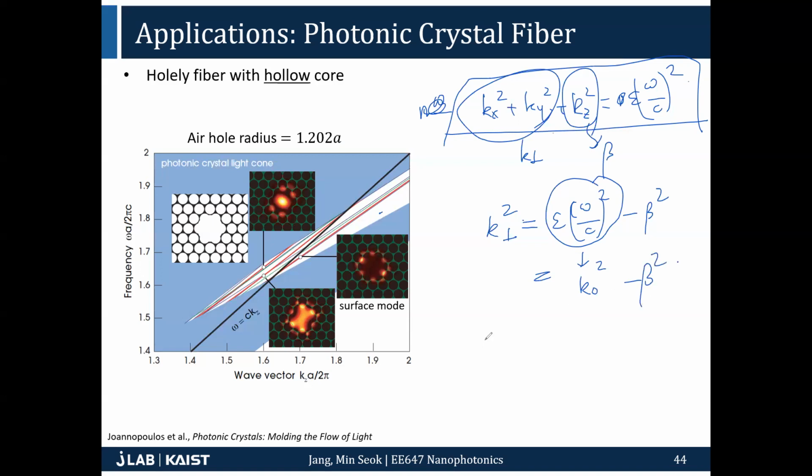So now things become more obvious, because if beta, our propagating wave vector, is smaller than the free space K vector, like in these two cases, this value becomes positive, right? Which means your K perpendicular becomes a real number.